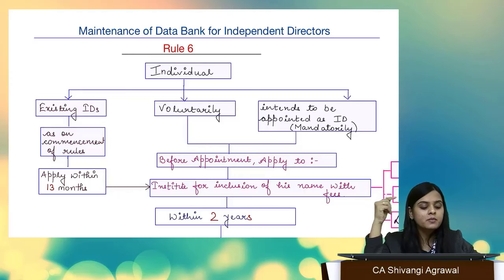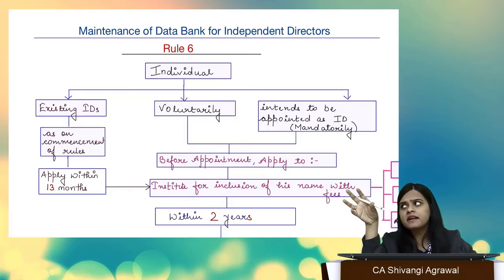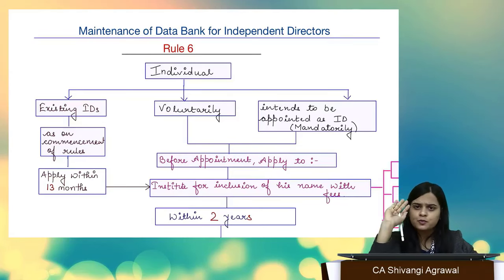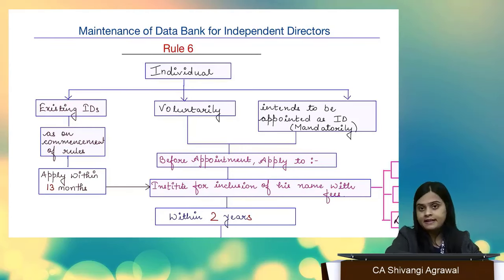For which the central government has maintained a data bank. Now this data bank has been maintained by the notified institute of government. What is the notified institute? Indian Institute of Corporate Affairs has been notified by the central government. So any company who wants an independent director, they can go to that data bank, they can select a person, they have to perform their own due diligence, and if he meets all the criteria of independence of your company, you may appoint such a person as independent director.